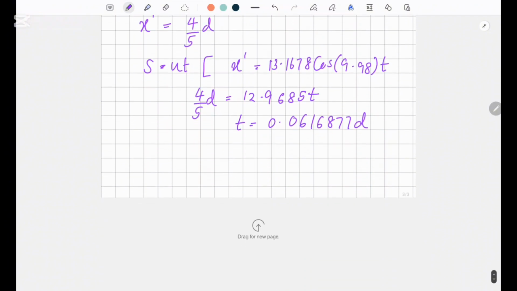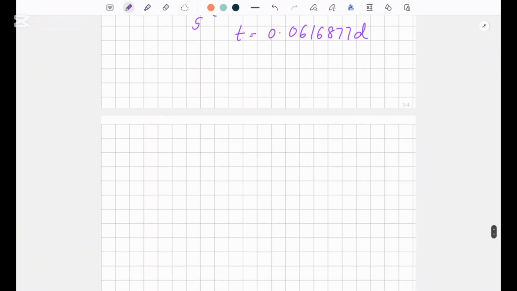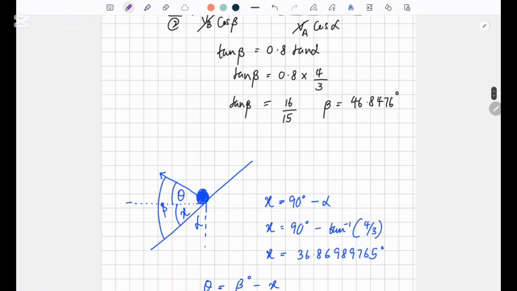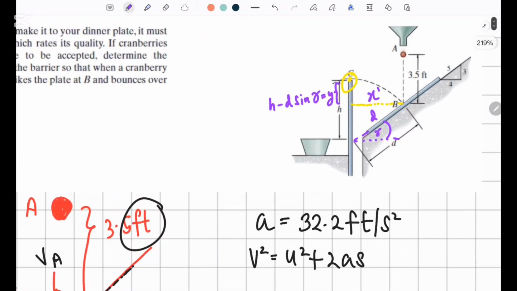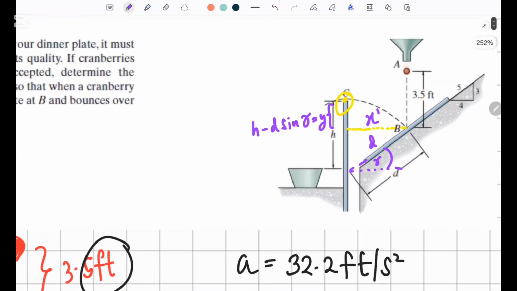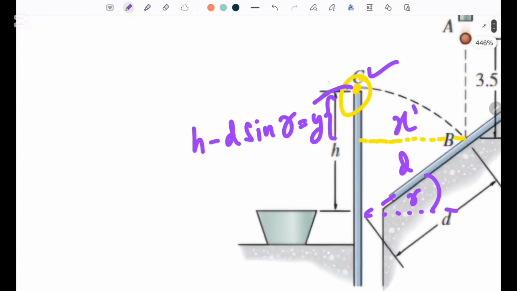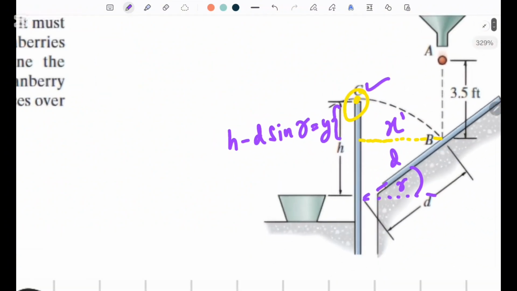And now let's consider the vertical. So we know v equals u plus at, right? Now it's the vertical, and you should know in projectile motion, I told you guys that this is our maximum point. It just jumps over the barrier, and according to your diagram, after point C it starts coming down, right? So point C is your highest point.